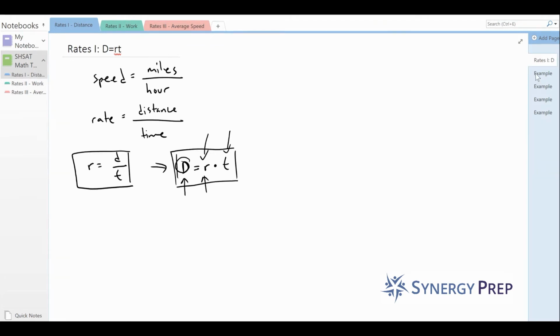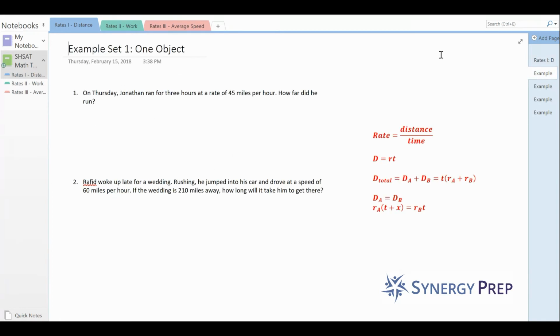All right, so let's look at a quick example on D is equal to R times T. For the first question, on Thursday, Jonathan ran for 3 hours at a rate of 45 miles per hour. How far did he run? So the equation, again, that we have is D is equal to RT.